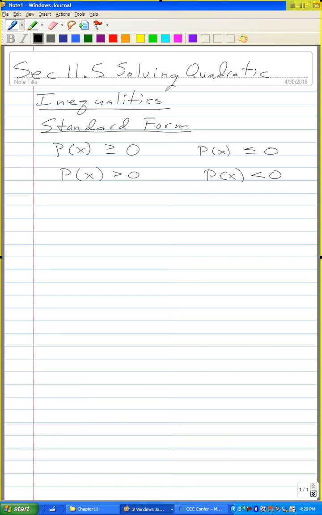Okay, so let's do on page 491, problem number 2, 4x squared greater than or equal to 7x plus 2.